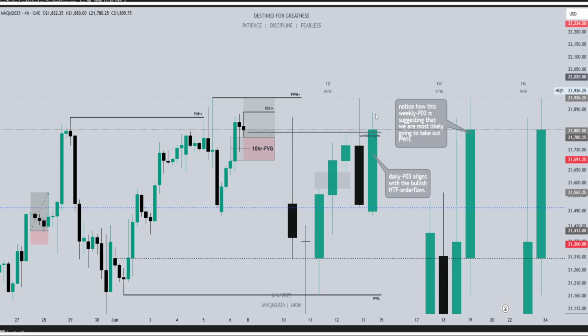The daily candle suggests the same idea. Apply the same concepts of what I just did on the weekly time frame, but on the daily time frame. You'll notice here that the daily candle closure on Friday is closer to the daily high than it is to the daily low.